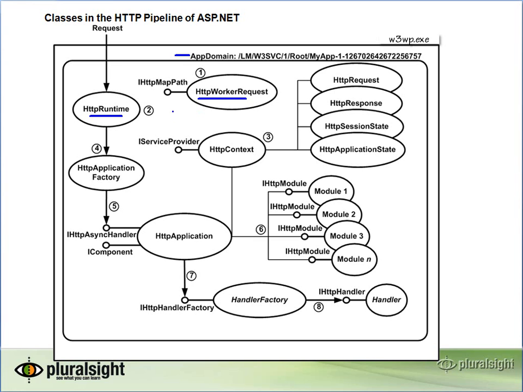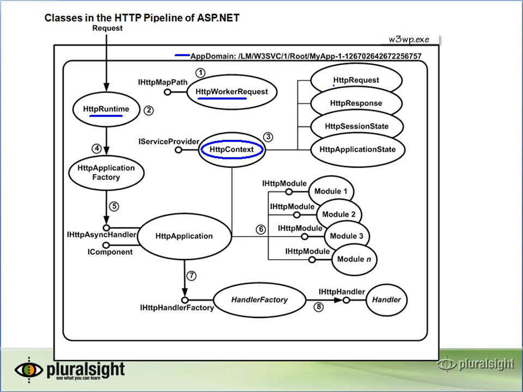Now, one of the things that's going to happen in addition to the worker request being constructed is this class called the HttpContext. And this is the first one we're encountering that you will actually end up using quite a bit. The HttpContext class is constructed, you have a brand new instance of this constructed for each distinct request that comes into your application. And the context is going to have references to all the relevant pieces of information you might need to know about the request.